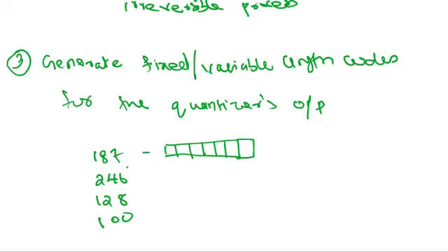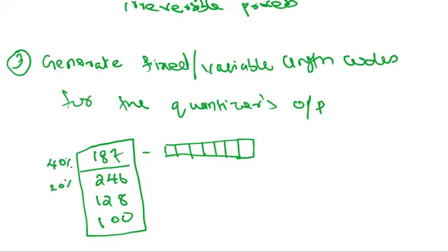So what we will do is first look at which number occurs frequently in my image. Suppose that 40% of the pixels are 187, 20% are 246, 10% are 128, and the remaining 30% are 100.